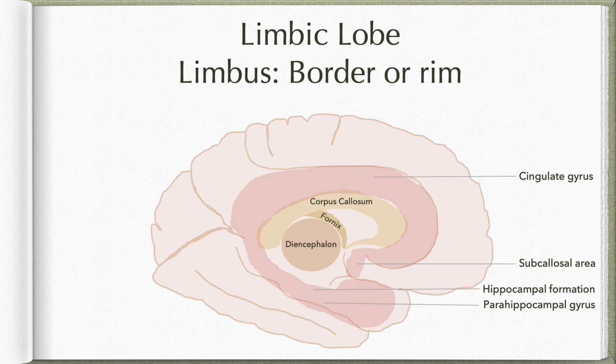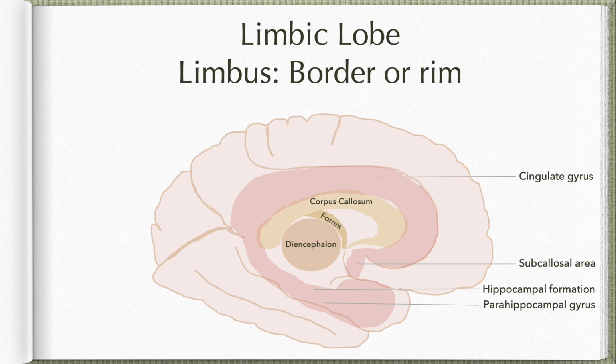This is the area which is medial to the collateral sulcus. Whereas hippocampal formation will be hidden deeper to the parahippocampal gyrus. So these four structures, subcallosal area, cingulate gyrus, hippocampal formation and parahippocampal gyrus, are the four structures of the cerebral hemisphere which together are known as limbic lobe.